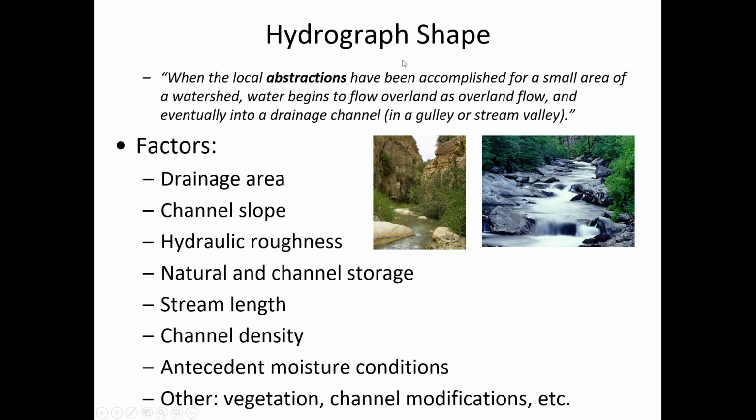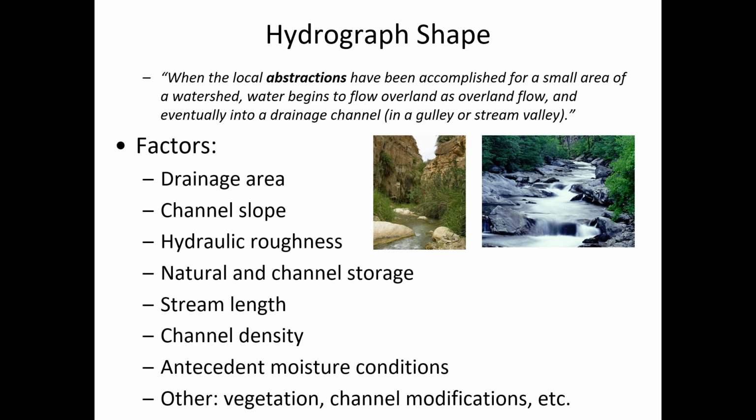The shape of the hydrograph is influenced by a lot of factors. There's a quote in our book here talking about abstractions. Remember, we talked about abstractions in class previously, and some of the important abstractions are interception, surface wetting, and local depressions.